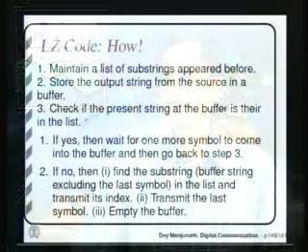Then we will receive fresh bits and keep them in the buffer, receiving more bits and checking at the same time whether the string is there in the list. Whenever it is not there, we will encode that and enter that substring in the list. We will see with an example how exactly we do it.